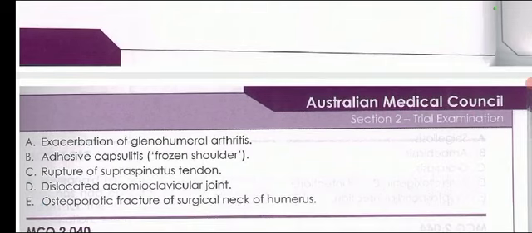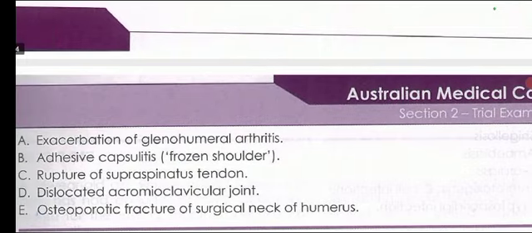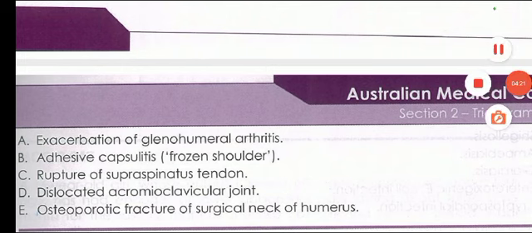Exacerbation of glenohumeral arthritis, adhesive capsulitis or frozen shoulder, rupture of supraspinatus tendon, dislocated acromioclavicular joint, osteoporotic fracture of surgical neck of humerus.